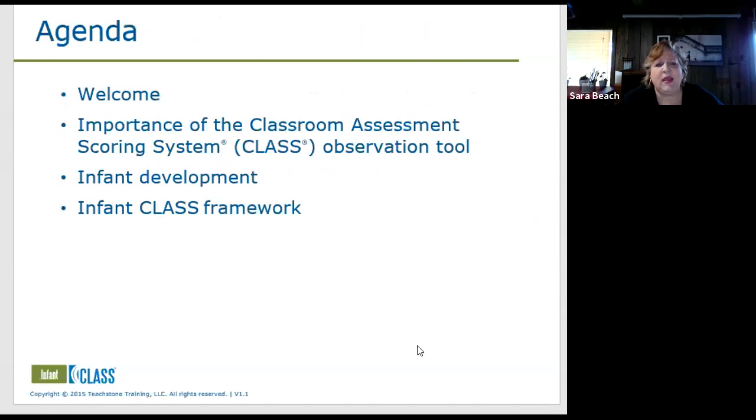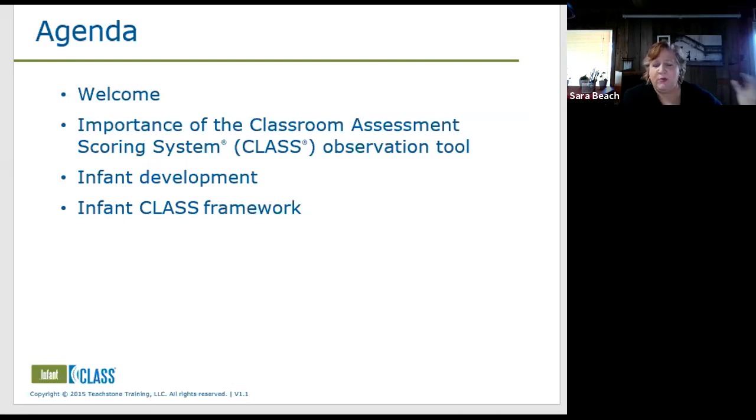Today we're going to look at the scoring system, what the tool is, how it's formatted, how it's set up, and really go into what we're looking at when we observe through the lens of this tool, this CLASS. Whenever we use an observational assessment, we have to learn the tool so well that we can focus on classrooms the way the creators of the tool intended.